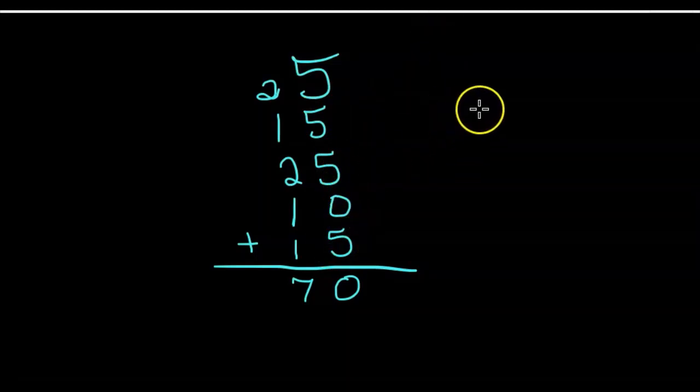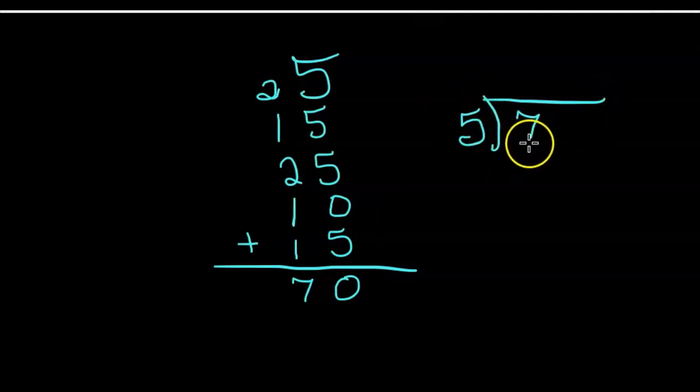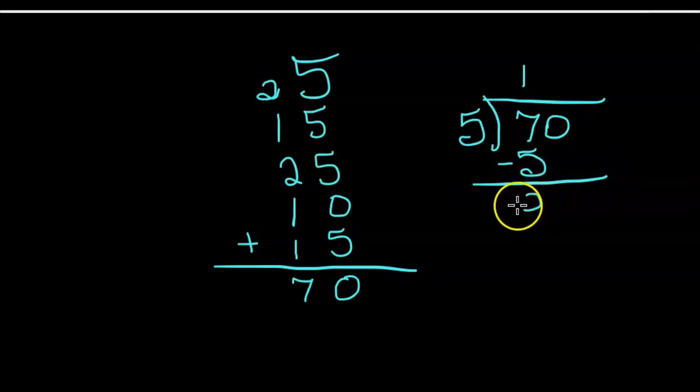Okay, I've got 5, and I've got 70. How many times will 5 go into 70? Well, 5 will go into 7 one time. 1 times 5 is 5. Subtract, 7 minus 5 would give me 2. Bring my 0 down.